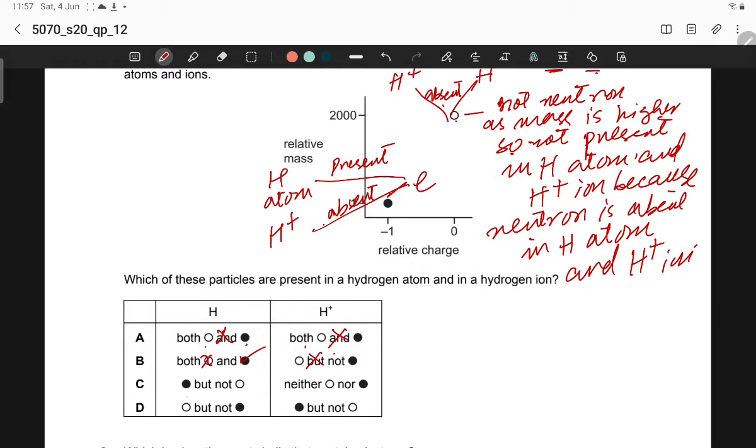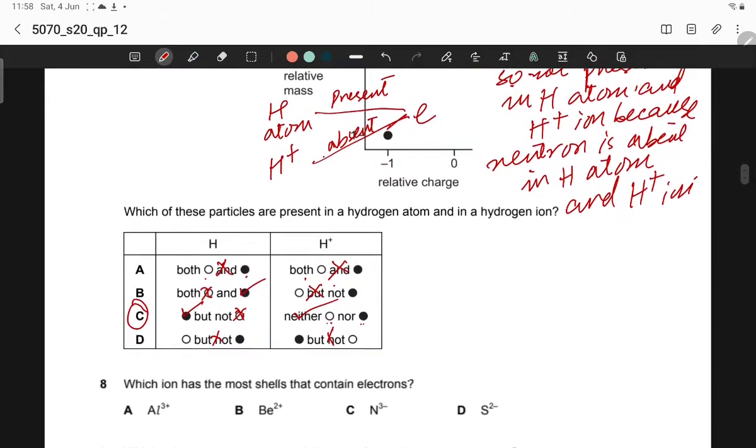In hydrogen atom, electron is present but not neutron. So this is neither neutron nor electron. So this must be the correct option. Not O. So C is the correct option.